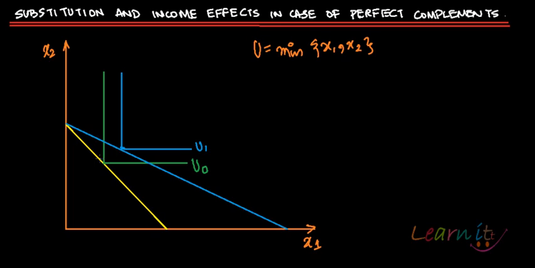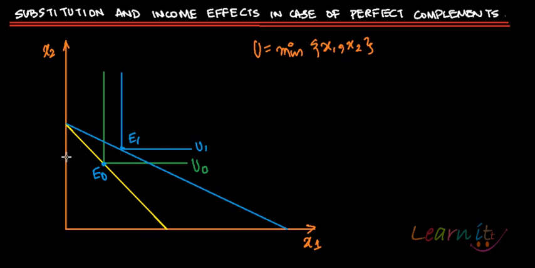Now our point is that in order to decompose this entire effect of moving from, say, point E0 to point E1 into substitution and income effect, what do we do is that we have to draw such a budget line which will be passing through E0, but it is parallel to this blue budget line, this new budget line.